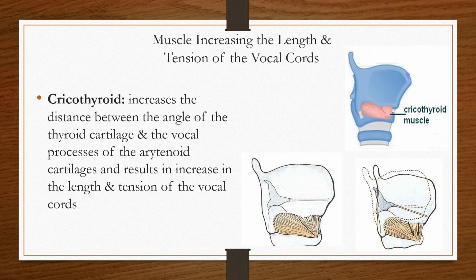The muscle increasing the length and tension of the vocal cord is the cricothyroid, because it increases the distance. When the cricothyroid contracts, either the thyroid will move in front or it will pull the arytenoid backwards, and because of this there is an increase in the length or tension of the vocal cord.